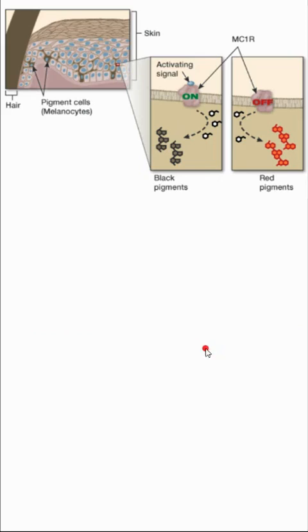An MC1R gene makes a protein that's a receptor. And when that receptor is received, it makes melanin. Okay, so in these melanocytes within the skin and hair, if there's a message, the receptor will make black pigments. If there is no activating signal, it might make red pigments or not very much, or just light colored pigments.